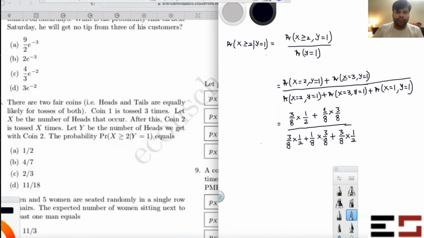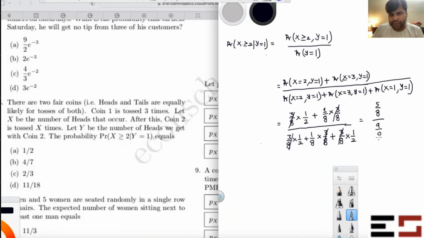Okay, very good. And now it's just straightforward, right? So I think we can cancel these 3 by 8s. So we'll be left with half plus 1 by 8, which is 5 by 8, divided by half plus half, which is 1, plus 1 by 8, which is 9 by 8.